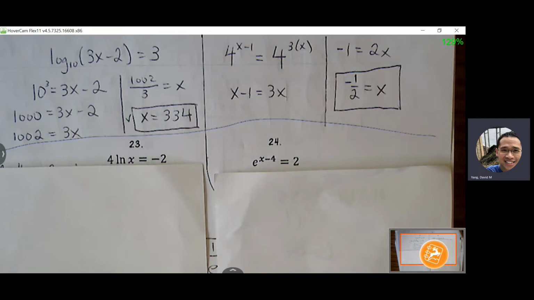23, you can either bring that 4 up as an exponent or divide by 4. I think both ways work, but in this case, I think it's faster to just divide by 4, get that 4 out of the way.